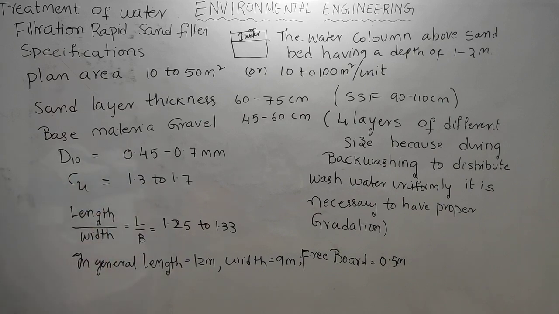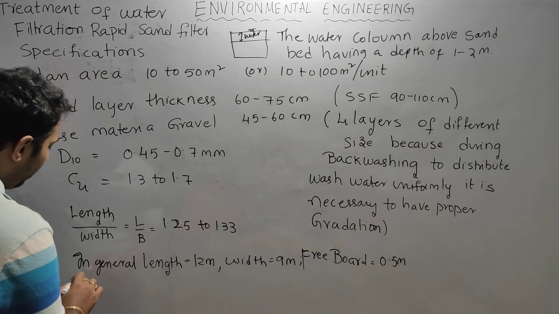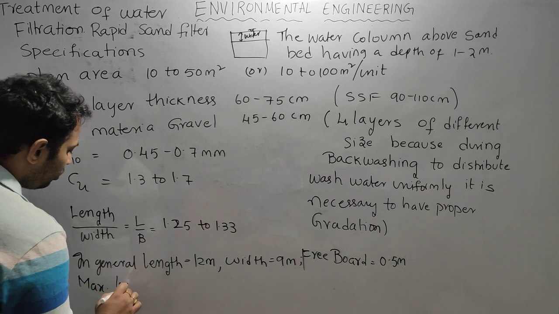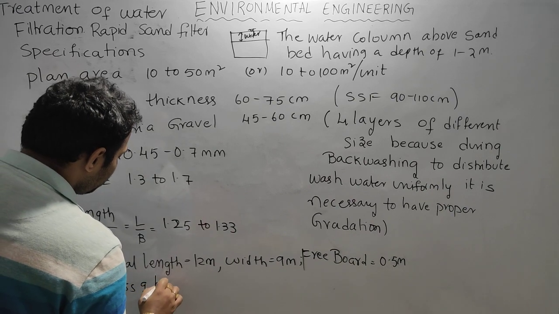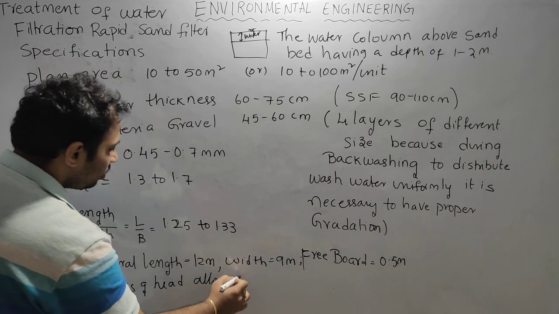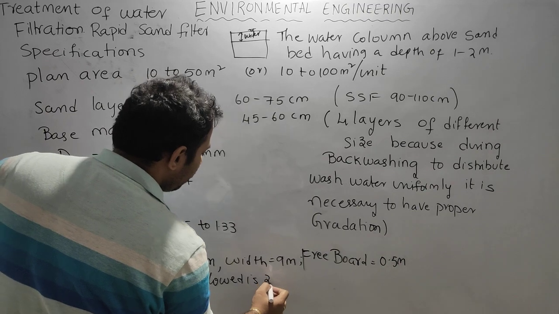I haven't shown it because it is not necessary where you will locate it. So there will be manometers which indicate the loss of head. Generally the maximum loss of head allowed is 2.5 to 3 meter.